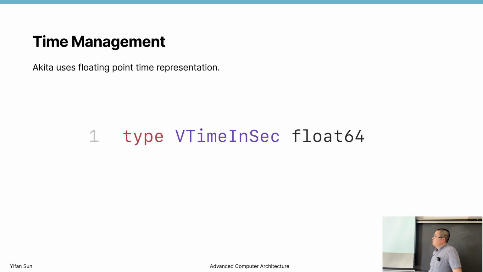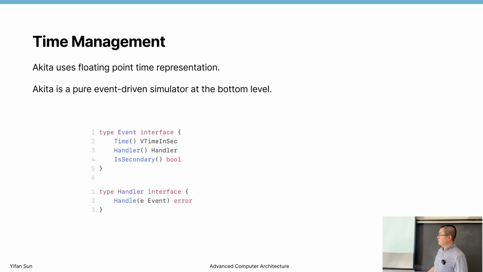Okay, so Akita is a pure event-driven simulator at the bottom level. At the higher level, it may look like a cycle-based simulation, but at the bottom it is event-driven. So what is an event? Event is an interface. This is a Go interface definition, and in assignment 1, I ask you to practice interfaces. Go follows this syntax: the type keyword, the new type name, and the actual type below.